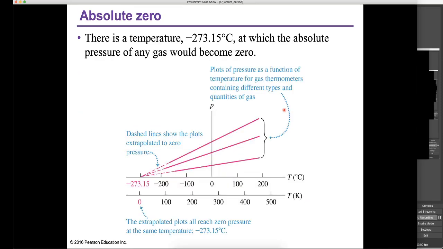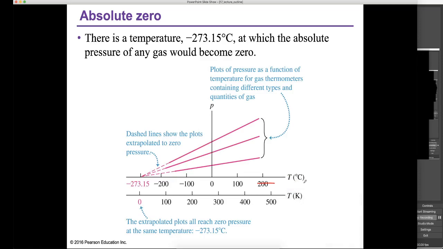And another concept is absolute zero temperature. Let me convert it back into a pen.